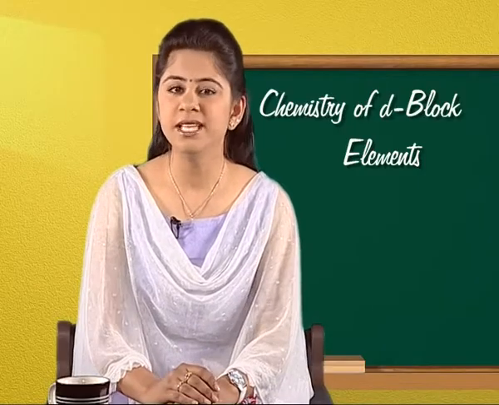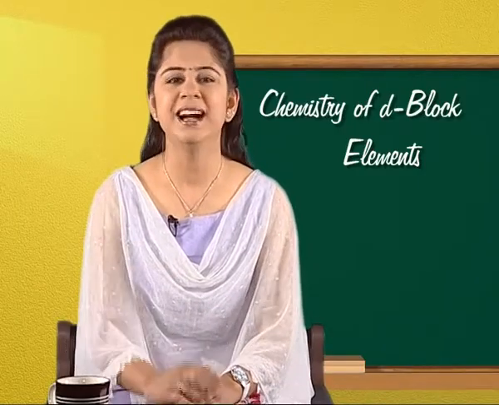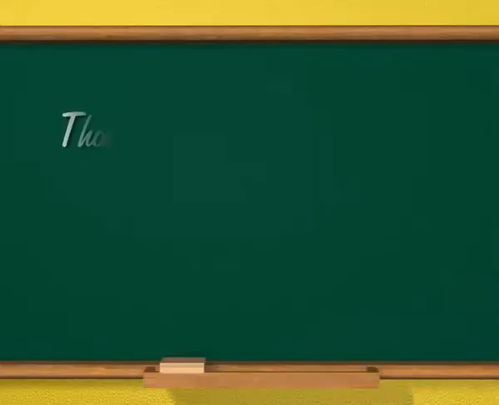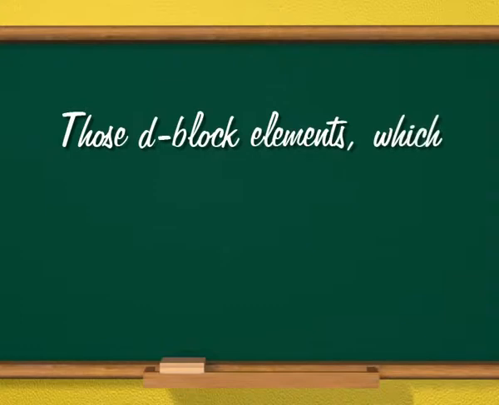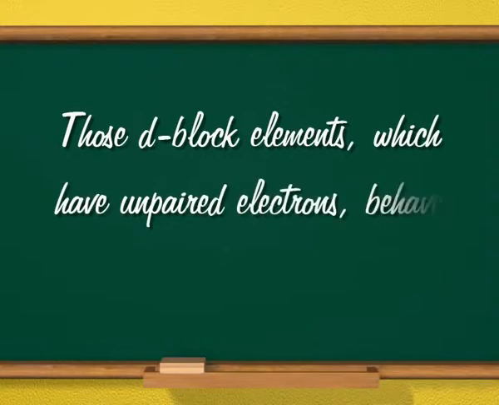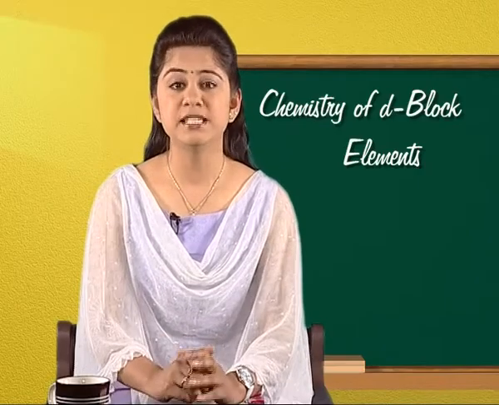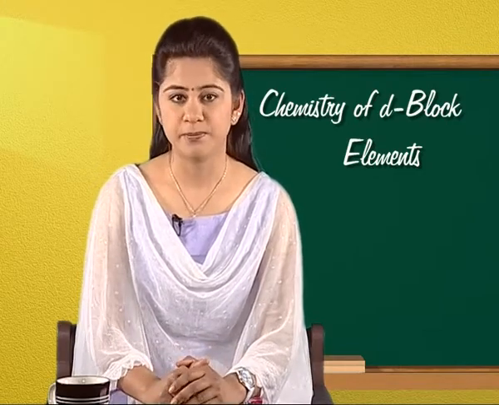With the help of these electrons, we can easily understand magnetic properties in them. Those d block elements which have unpaired electrons behave as paramagnetic substances. These substances are attracted by the magnetic field.